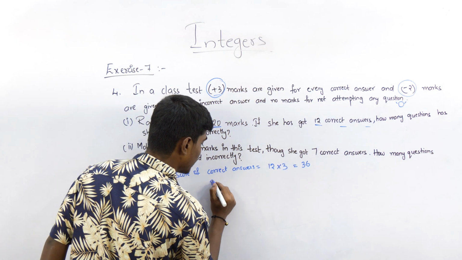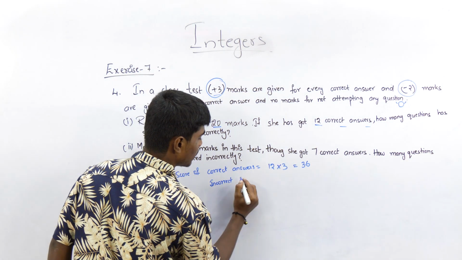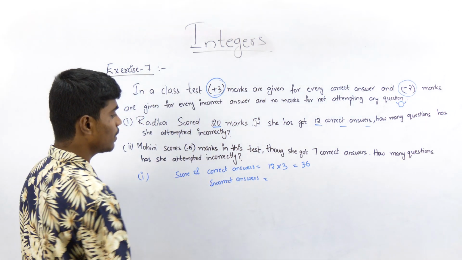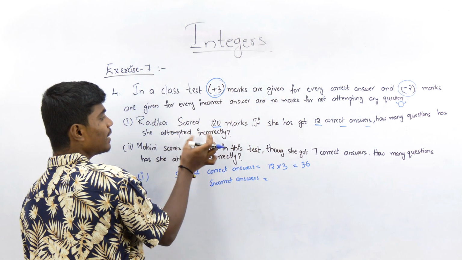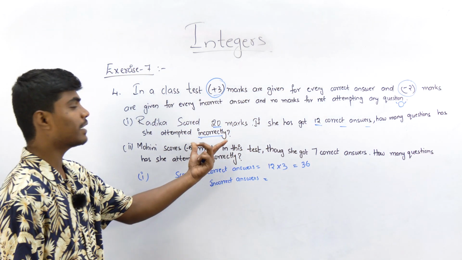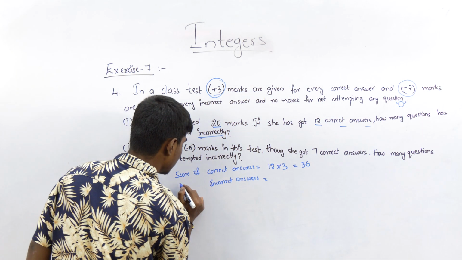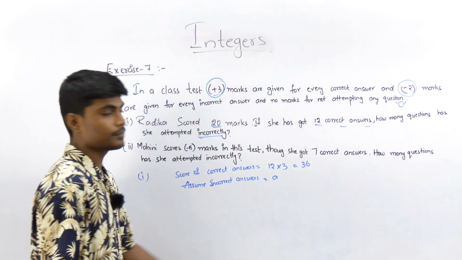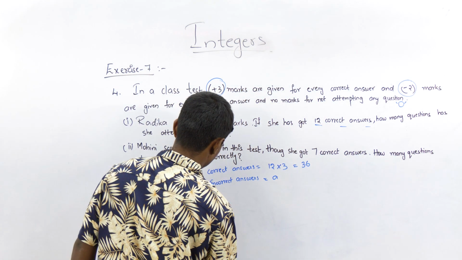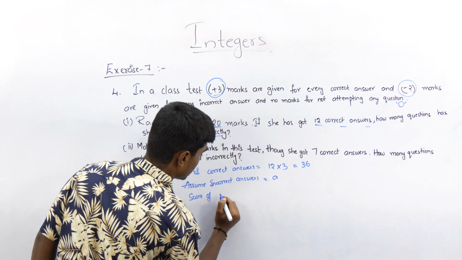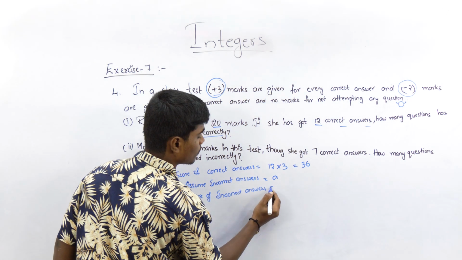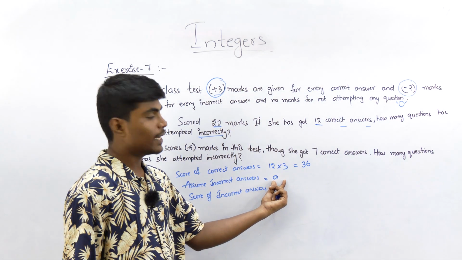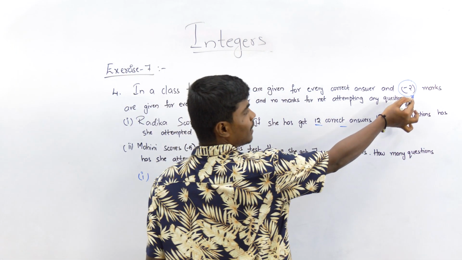Now score for incorrect answers. See, first we don't know how many questions she attempted incorrectly. So let's assume incorrect answers is equal to A. Now score of incorrect answers is equal to, for every one incorrect it is -2.